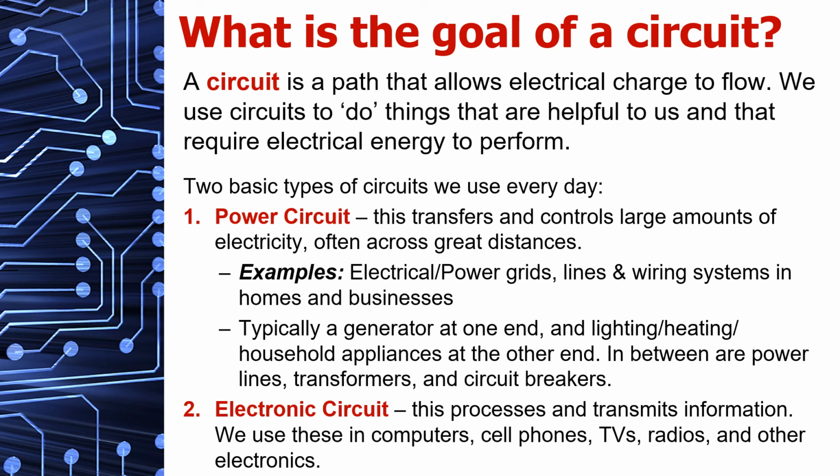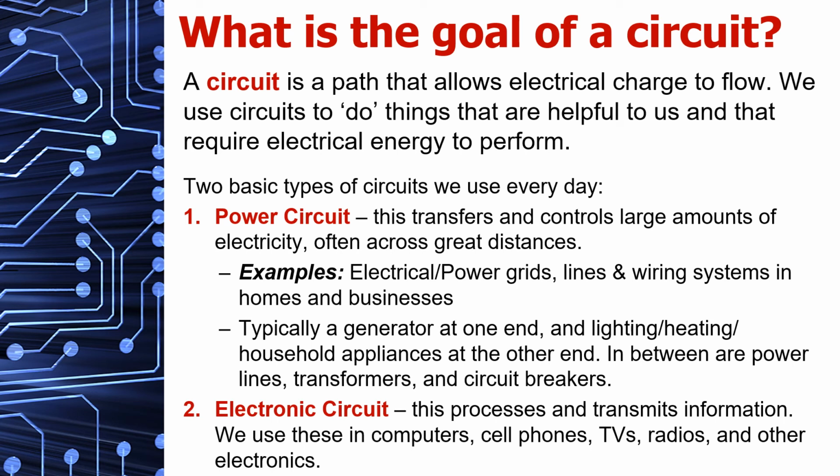Typically, there's a big generator or a series of generators at one end of a power circuit. We're not going to talk too much about what generators are, but that's something you could look up, or we could talk about individually.